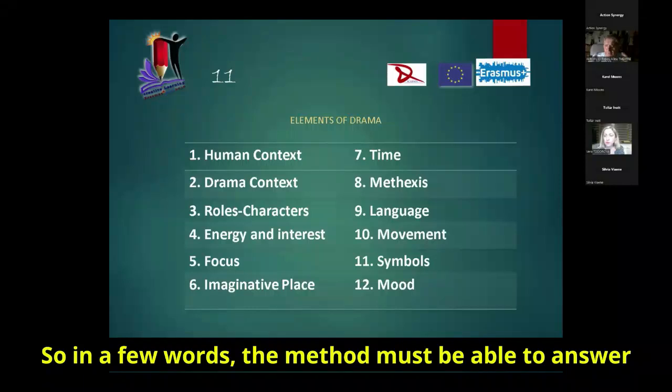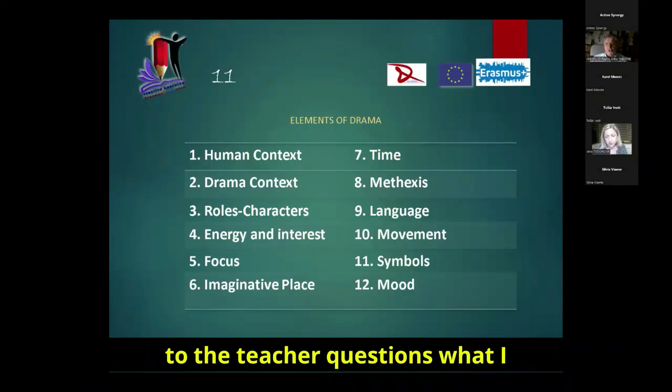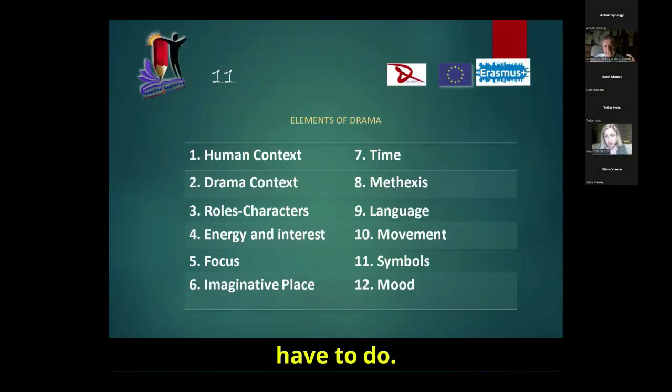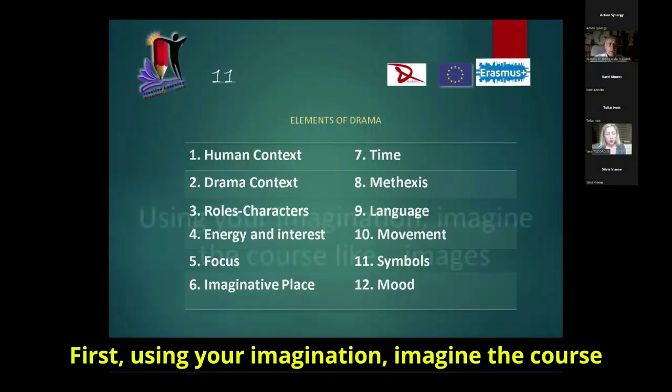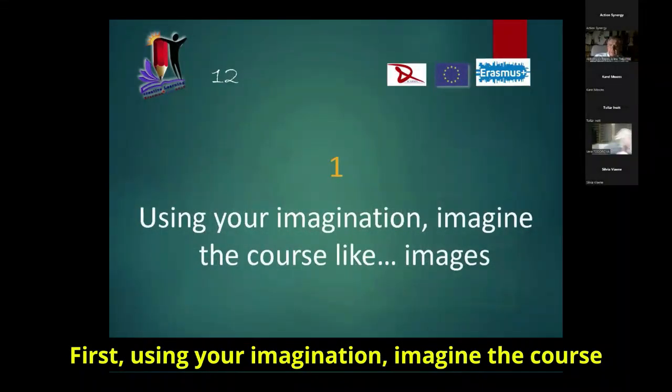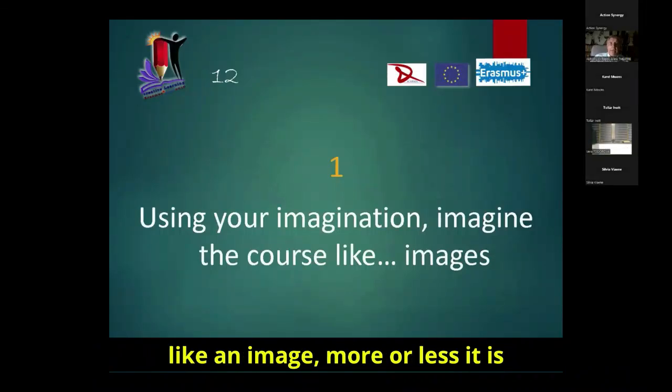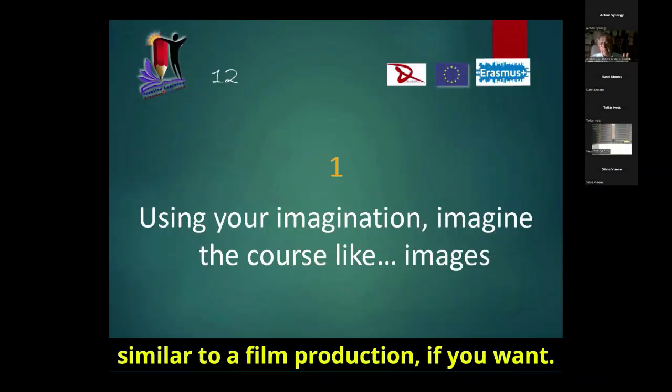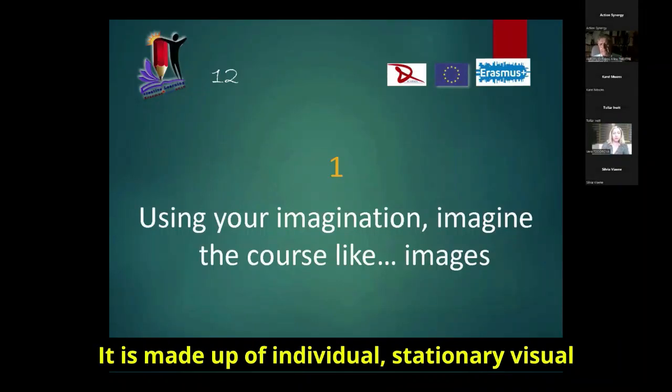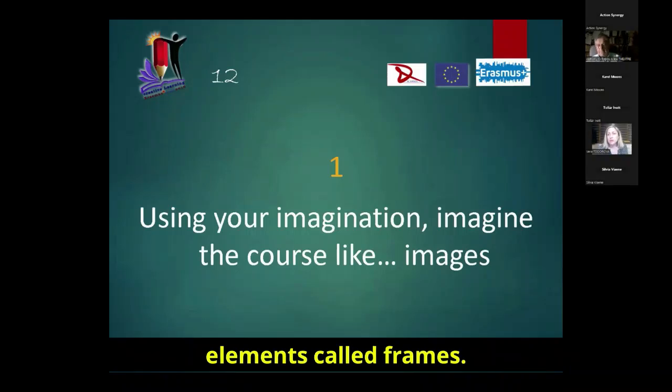So, in a few words, the method must be able to answer the teacher's question: what do I have to do? First, using your imagination, imagine the course like images. More or less, it is similar to a film production, if you want. It is made up of individual stationary visual elements called frames.